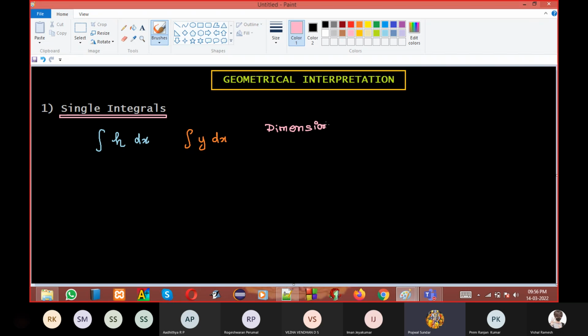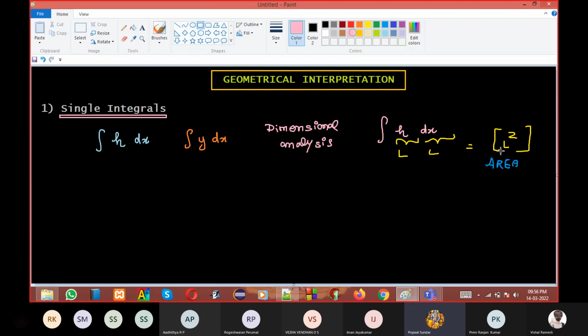If you do dimensional analysis, integral h dx has dimension L into L, equal to L squared. Meaning, single integral will help you calculate area. Clear? Single integral will help you calculate area.